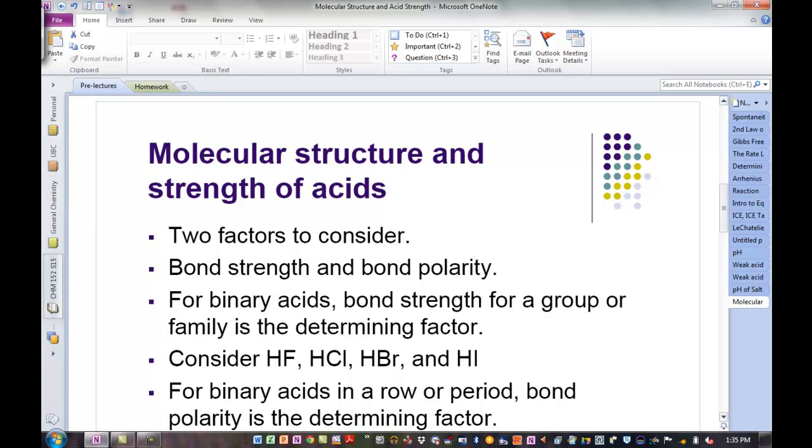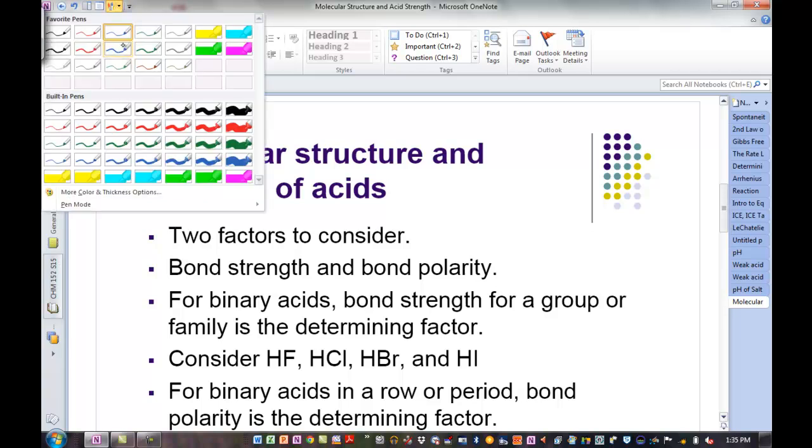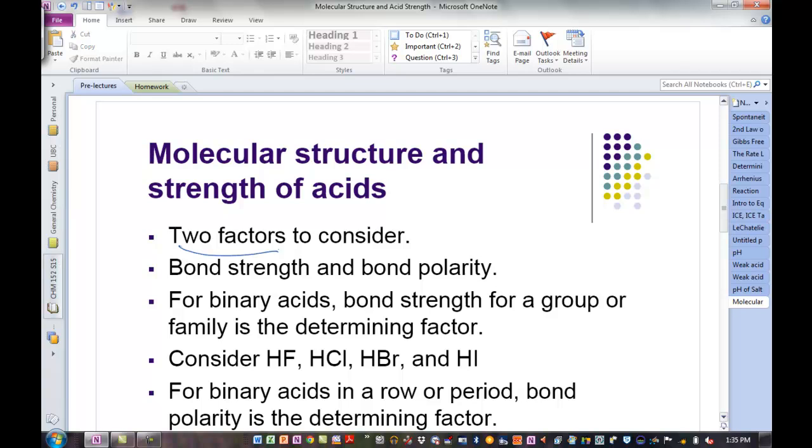Now there's 2 things that we do have to consider. 2 factors. One is bond strength and the other is bond polarity. So you should remember these 2 concepts from Chem 151. Bond strength, we talk about a bond energy or bond enthalpy. It's the energy required to break a bond.